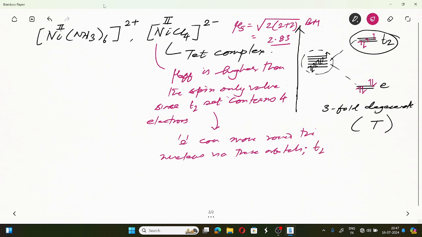The orbitals of a T2 set are of similar shape and size.